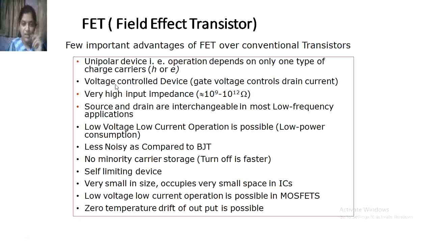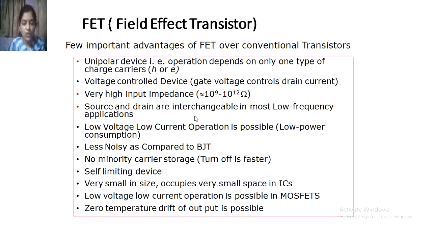So FET is a voltage controlled device and BJT is a current controlled device. Then it has very high input impedance, from 10 raised to 9 to 10 raised to 12 ohm. Then source and drain are interchangeable in most low frequency applications.